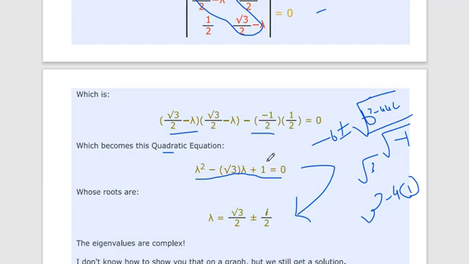You all know how to handle this root. If it is a negative under root, then we have a complex number as the root. So don't get confused, this is a somewhat difficult example, just for your information.